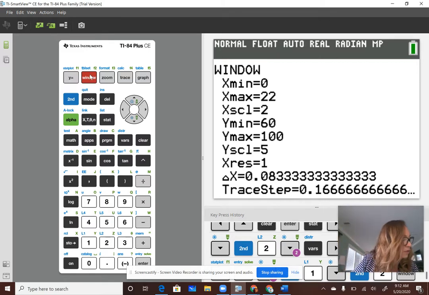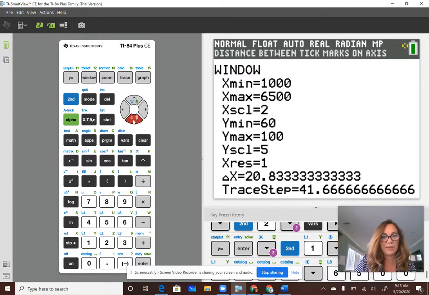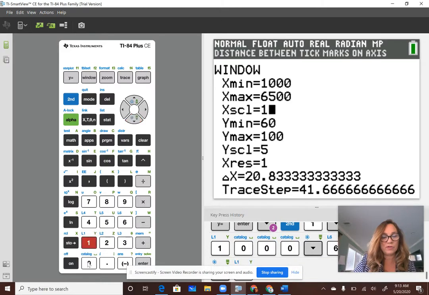Okay, so my lowest number was 1,200, so I feel comfortable with 1,000. My highest number was 6,328. So I feel very comfortable with 6,500. And I'm going to count by hundreds.